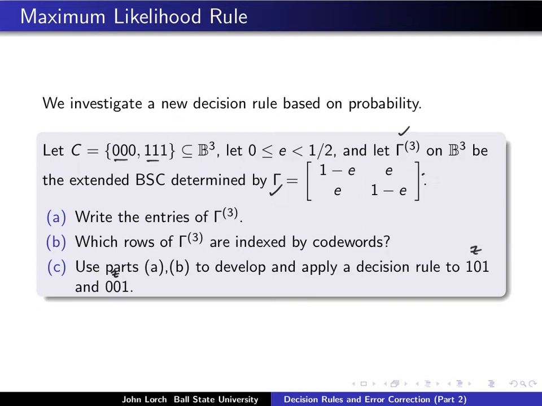Okay, so first of all, before we go on and do all of this stuff, let's see if we can get a feeling for what this gamma 3 thing is. So the input and output alphabet for gamma 3 is going to be binary strings of length 3. So this matrix that corresponds to gamma 3, this channel, is going to have input alphabet, right, with strings of length 3, and output alphabet strings of length 3.